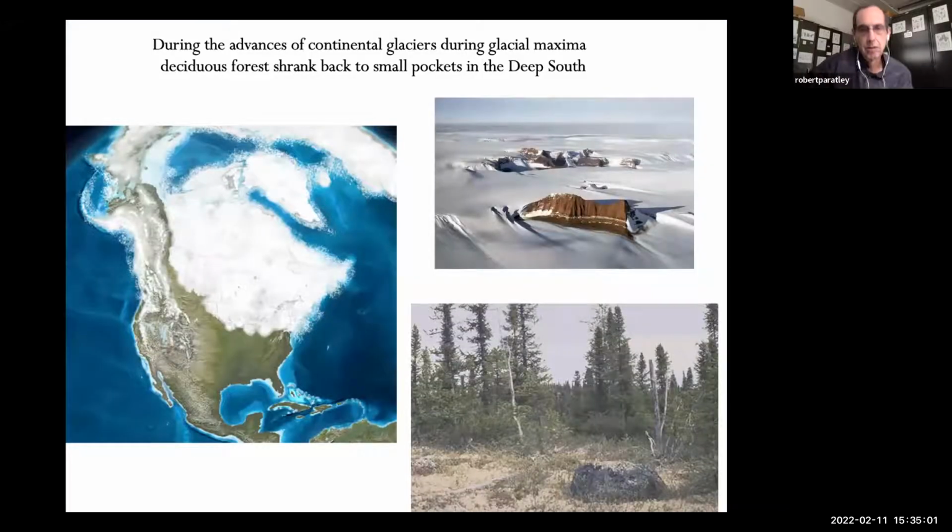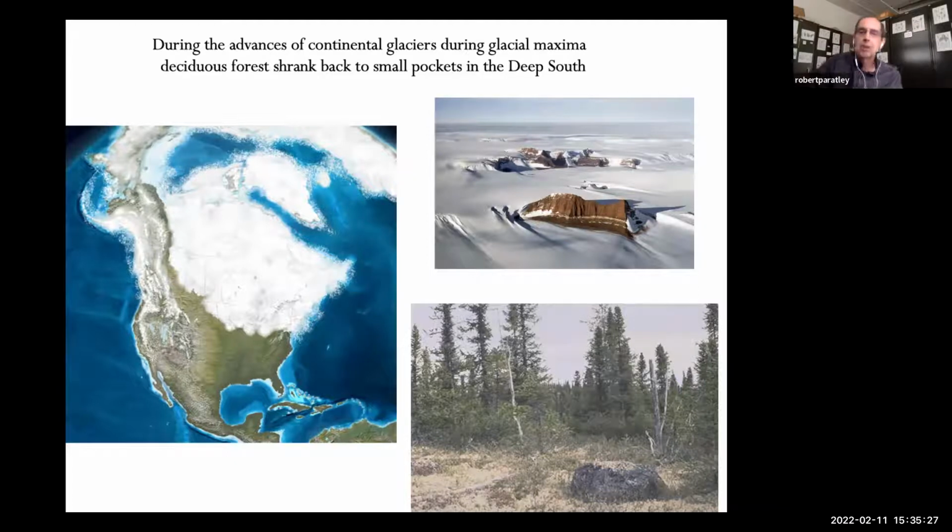We now know, and you all know this, that there have been probably 20 ice ages or glacial maxima. And while the continental glaciers never hit the Southern Appalachians per se, the vegetation type in the Southern mountains probably didn't look anything like the forests that are there today.